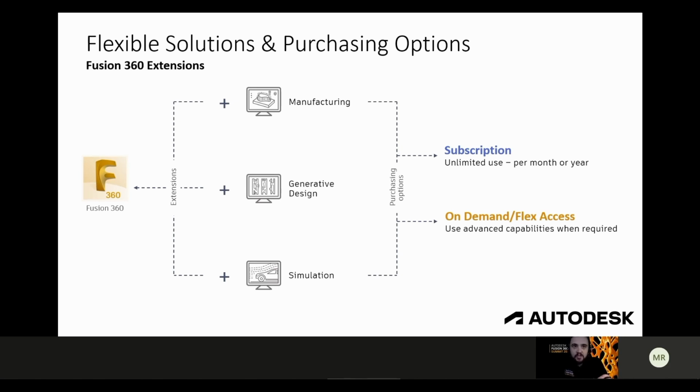However, as soon as you start requiring these features on a more regular basis, the way you should be going forward is working with your partner and going through the subscription access, which is an unlimited named user access to all the advanced capabilities inside the extension, and we have those available on an annual license for you.